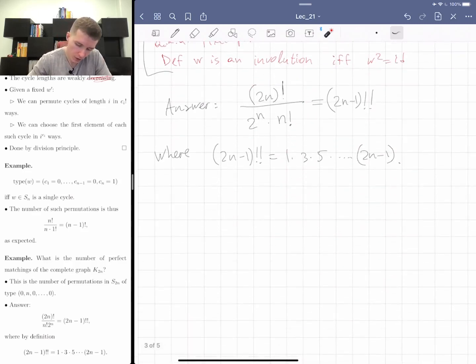Let's see. So you have 1 times 2 times 3 times 4 times 5 times 6 and so on, times 2n minus 1 times 2n in the numerator.